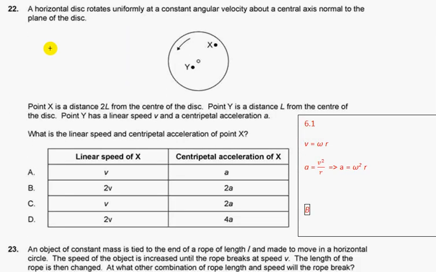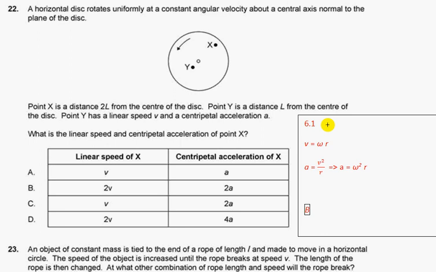Question 22. A horizontal disc rotates uniformly at constant angular speed about a central axis normal to the plane. Point X is at distance 2L from the center of the disc, point Y at distance L from the center. Point Y has a linear speed v and centripetal acceleration a. What is the linear speed and centripetal acceleration of point X? Very easy.